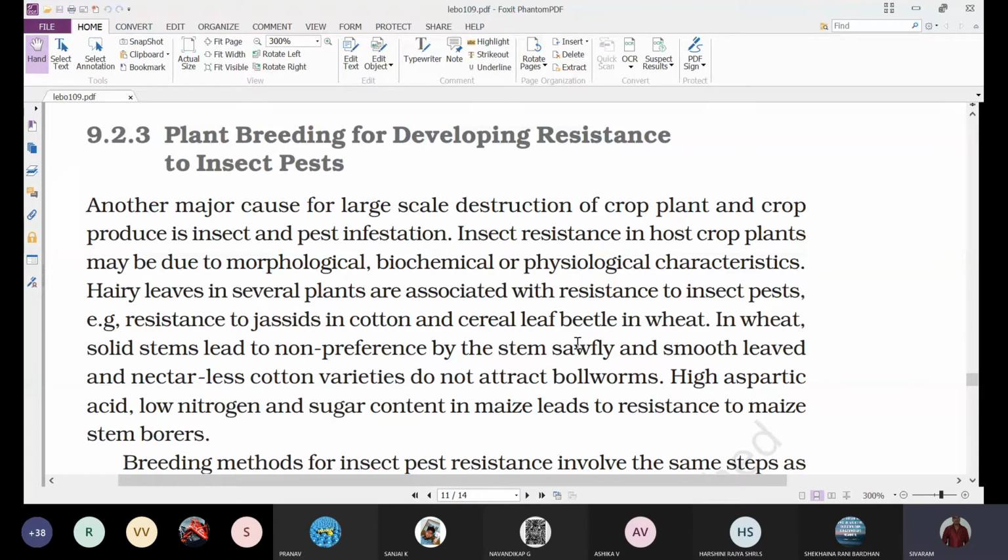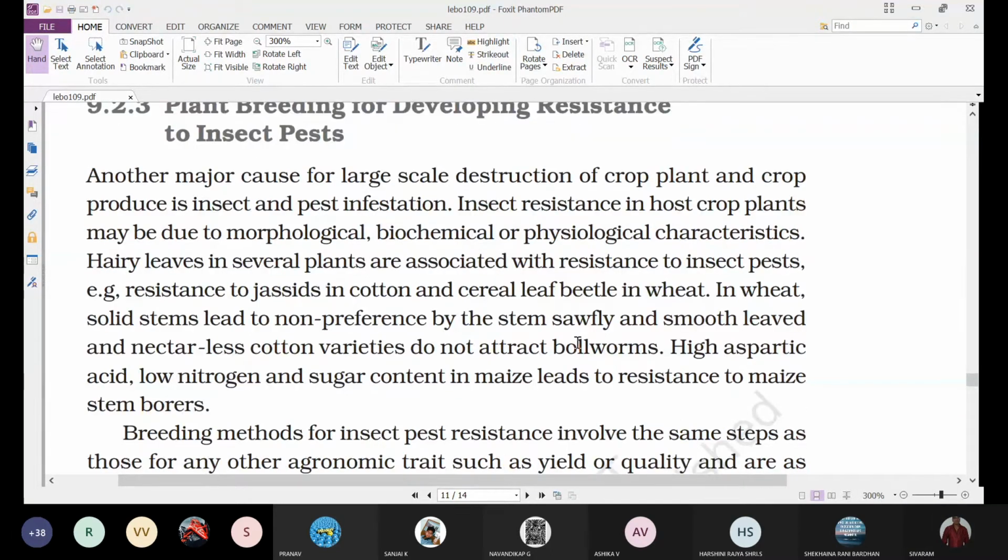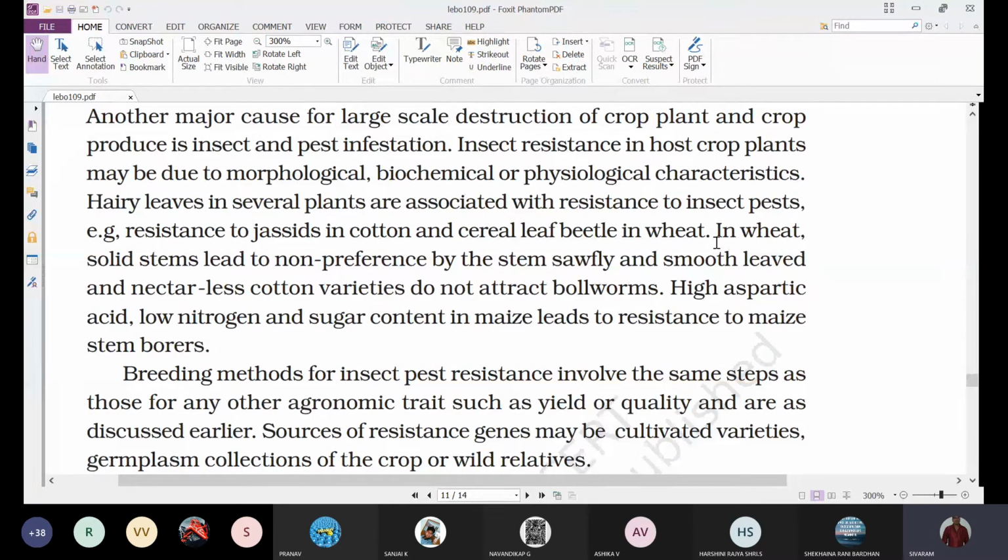How have they developed this? In wheat, solid stems lead to non-preference by the stem sawfly, and smooth-leaved and nectarless cotton varieties do not attract bollworms.